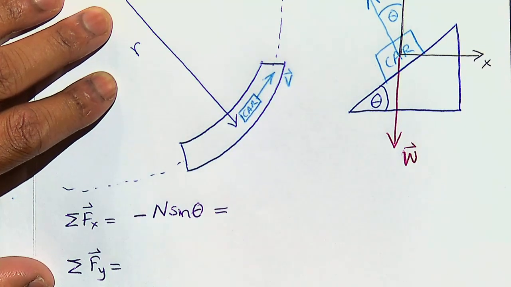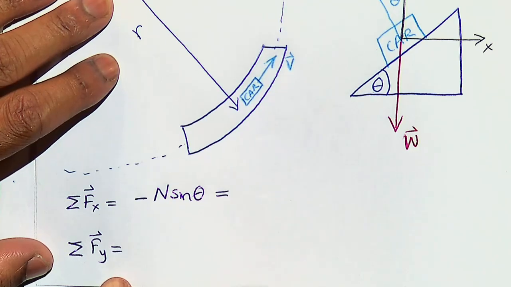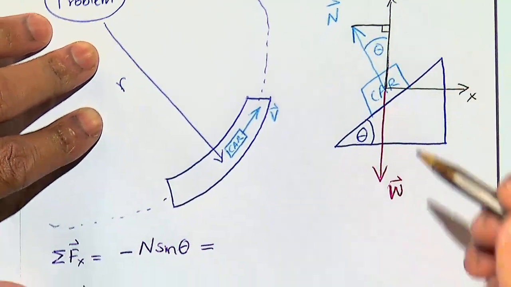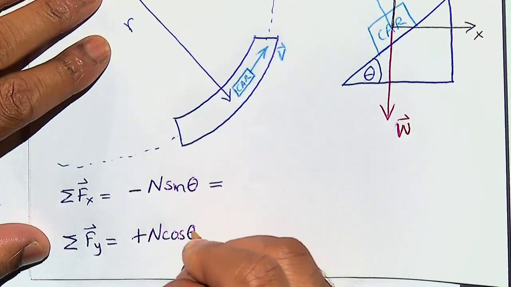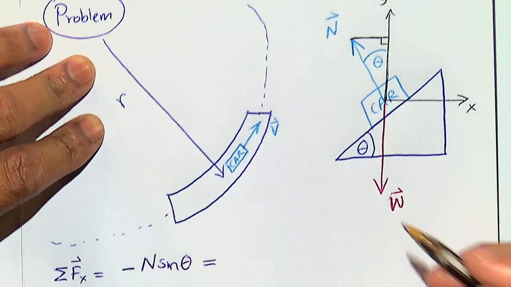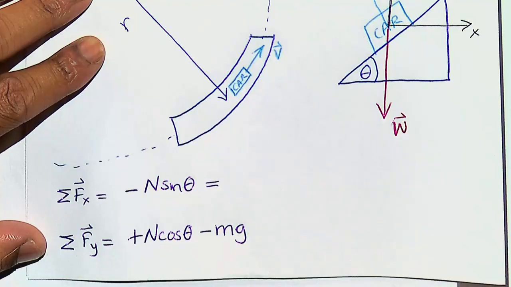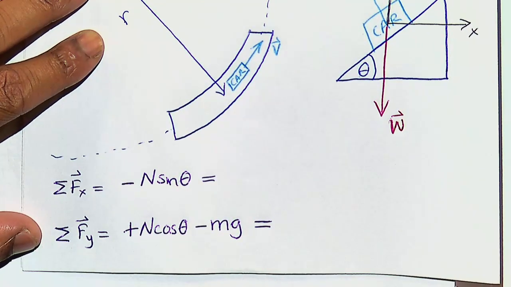We set it equal to, we'll decide if it's ma or 0 in a second. So let's do the y components also. We need the y component of the normal force, so the positive normal force cosine of theta. And we need the weight, so it's a negative direction, so minus mg for the car. That's equal to the ma part.